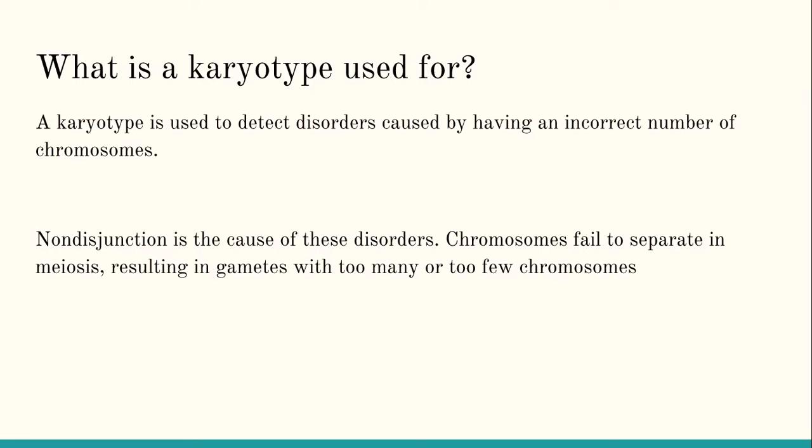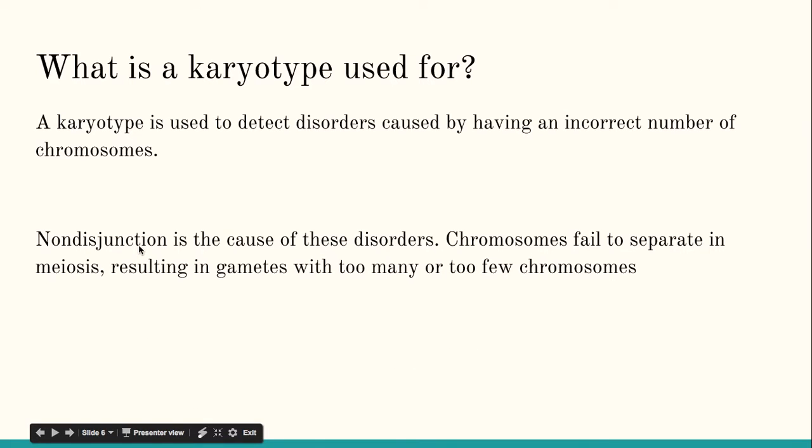So now, why is it so special? Why do we have interest in it? Why do we need it? The benefit of having karyotypes is that we can use them as a diagnostic tool. We can use them to detect disorders that are caused by having the incorrect number of chromosomes. A person might have an incorrect number of chromosomes because of non-disjunction.